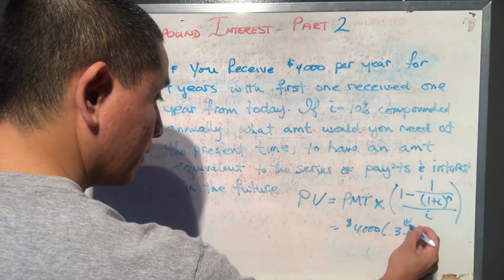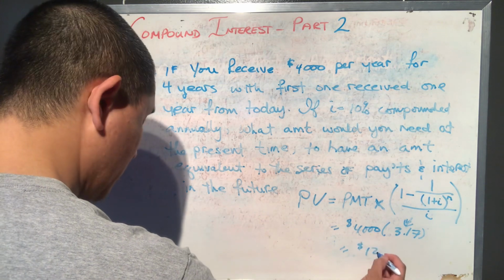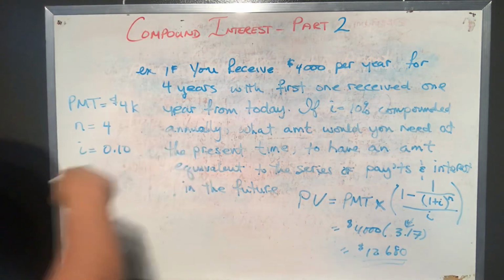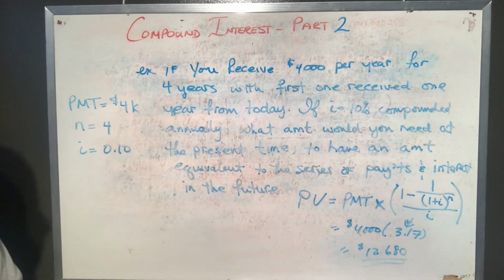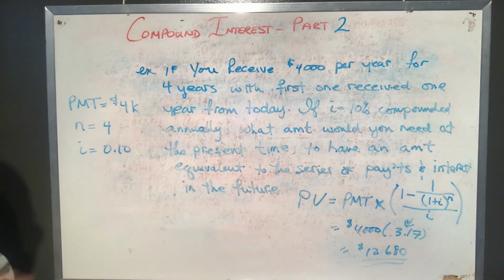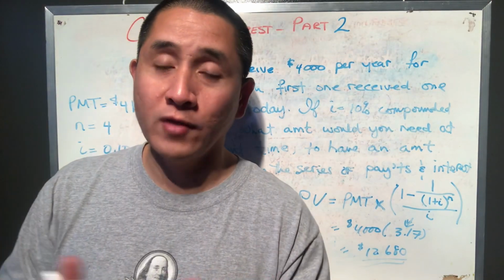That equals $12,680. That's what you would need as the present value in order to satisfy this problem. So that's two different scenarios: future value of an annuity and present value of an annuity.